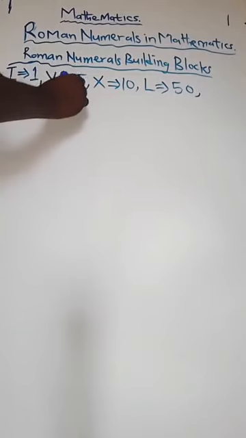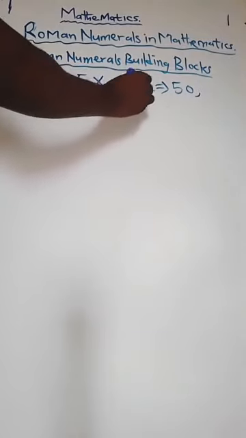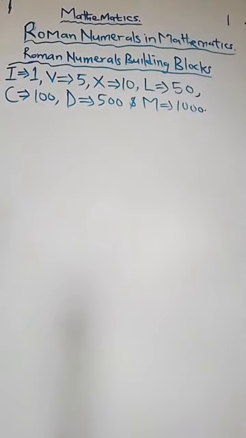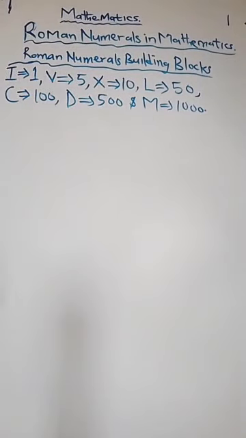We have D, which is 500. And we have M, which is 1000. All these are Roman numerals building blocks. It is upon these building blocks that we write correct Roman numerals.